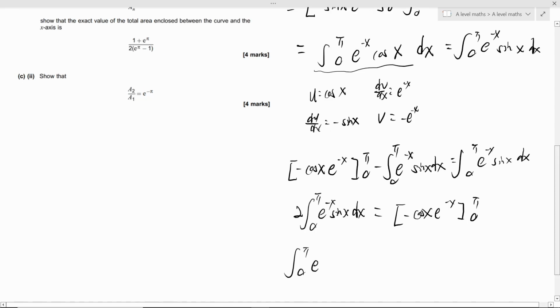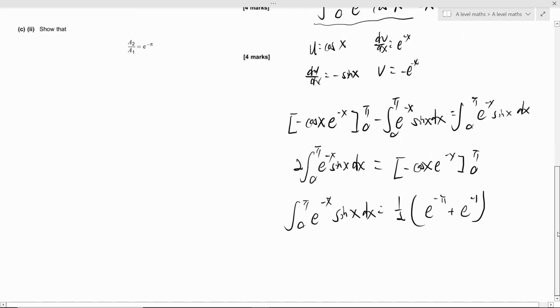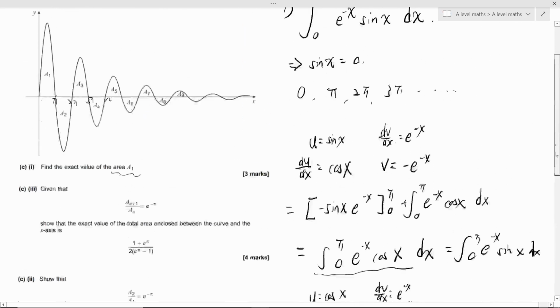So our integral will be a half of: cos pi is minus 1, so minus minus 1 is 1, e to the minus pi, plus cos 0 is 1, so e to the minus 0, which is 1. Okay, and that's your solution to part 1. The area A1 is a half of e to the minus pi plus 1. Interesting.